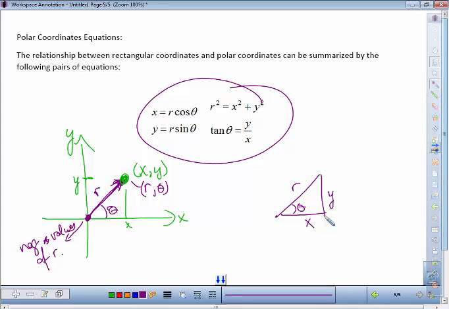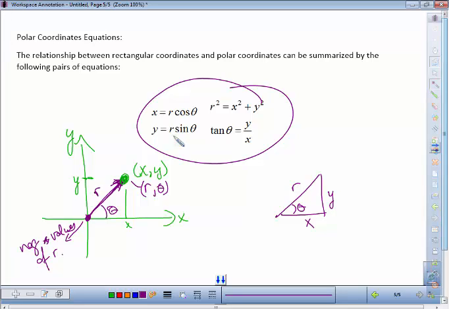There are 4 equations here. x squared plus y squared is equal to r squared. x is equal to r cosine theta. y is equal to r sine theta. And the ratio of the opposite over adjacent sides is the tangent of the angle. So it's all there.